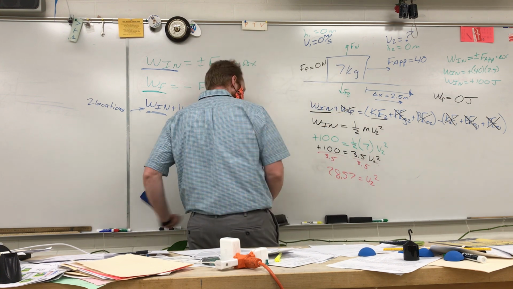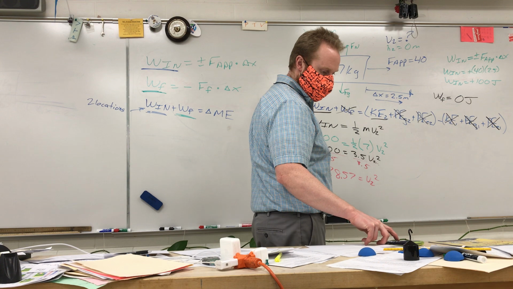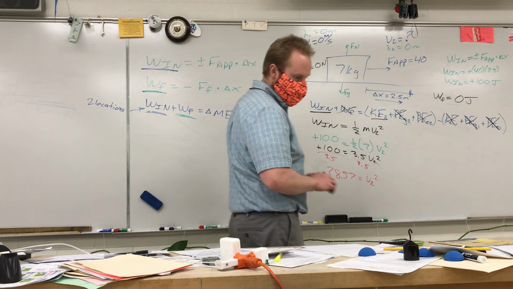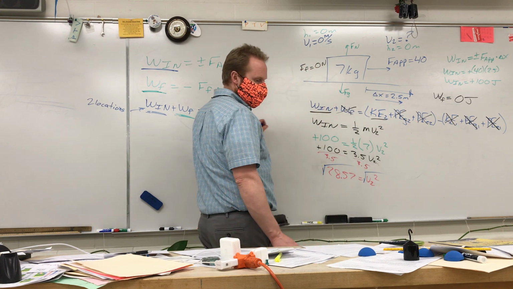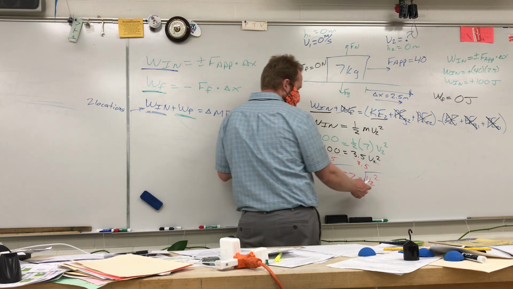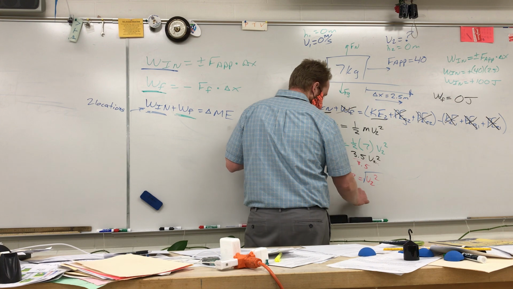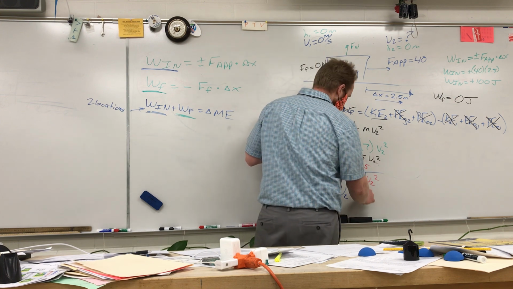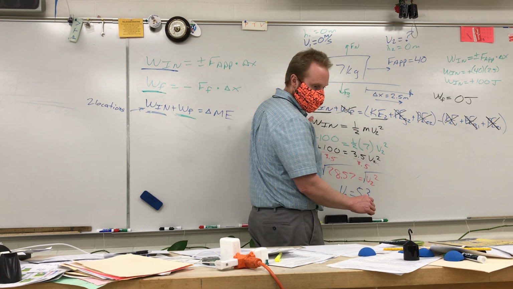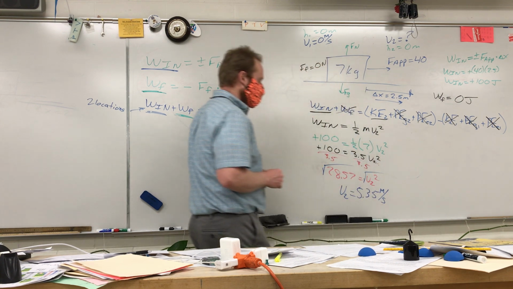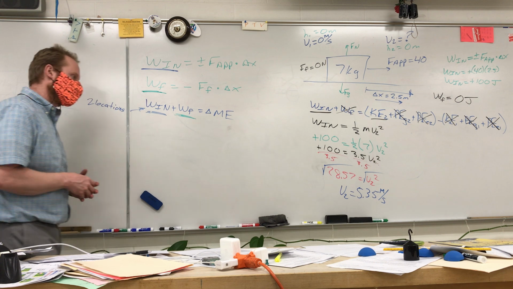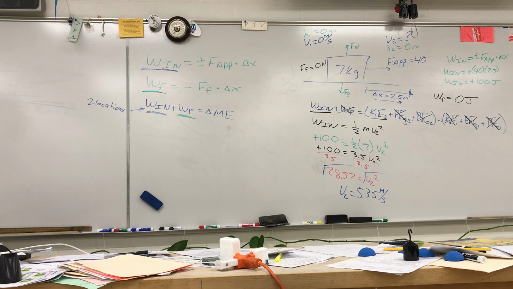However, I'm going to use the full value. Then, because it's V2 squared, we take the square root, and V2 is equal to 5.345, so 5.35 meters per second.